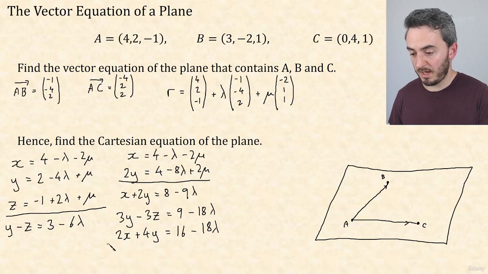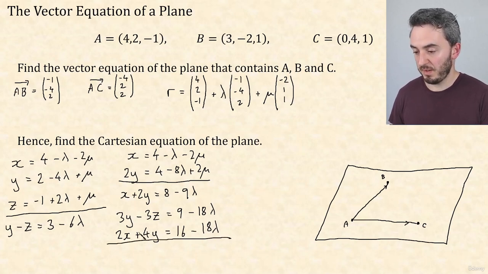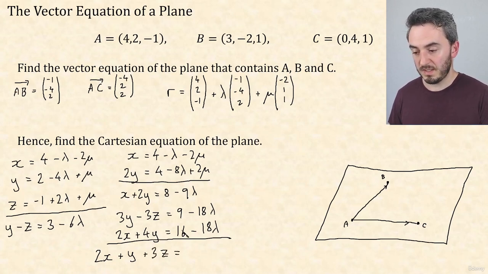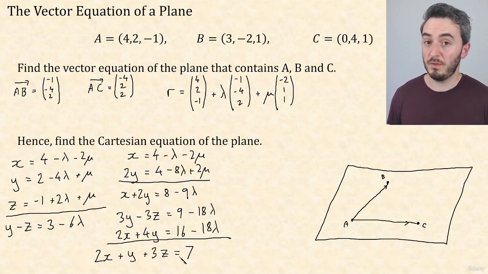Now that the lambdas match, I can subtract these from each other. Let's do this bottom line minus the one above, which seems to give slightly nicer numbers. So 2x minus no x's is 2x. 4y minus 3y is 1y. No z's minus minus 3z's is plus 3z. 16 minus 9 is 7, and these cancel. And there is the Cartesian equation of the plane: 2x + y + 3z = 7.